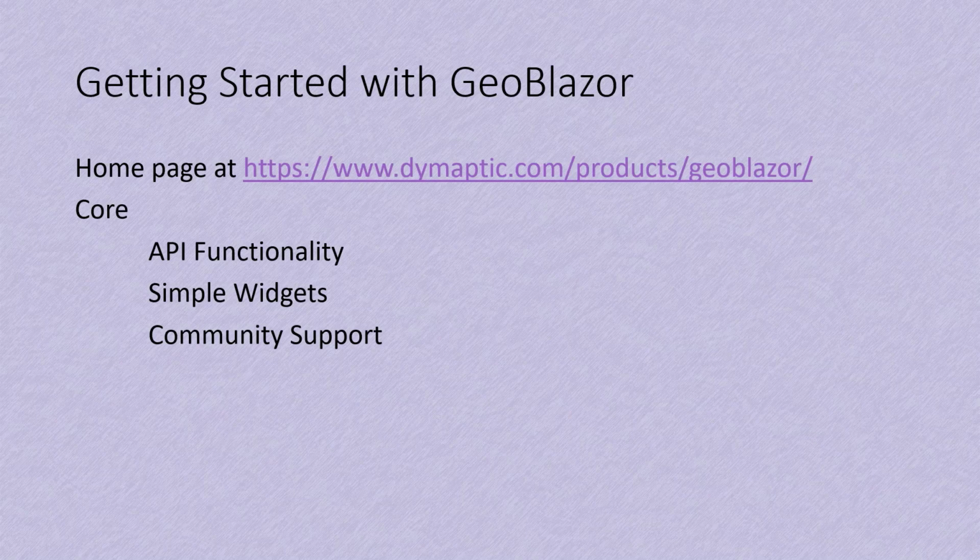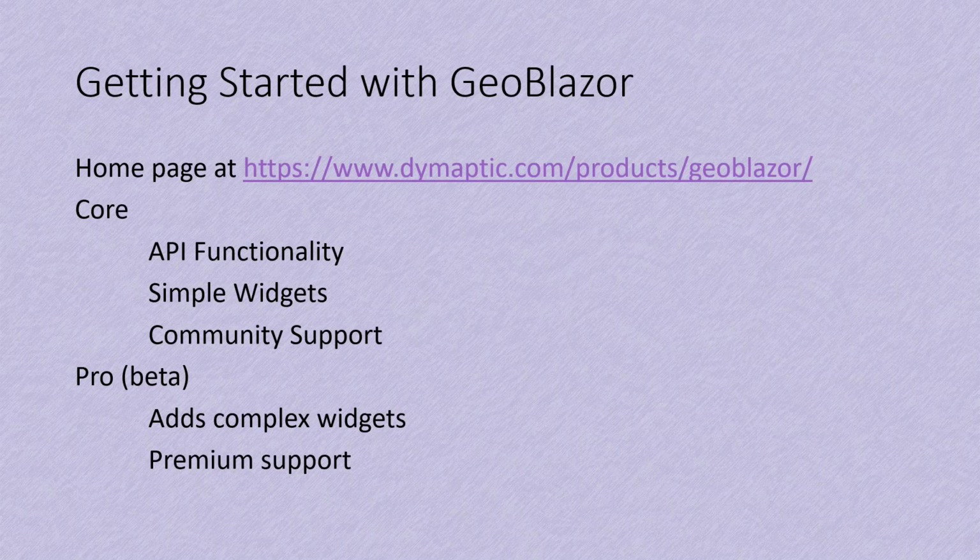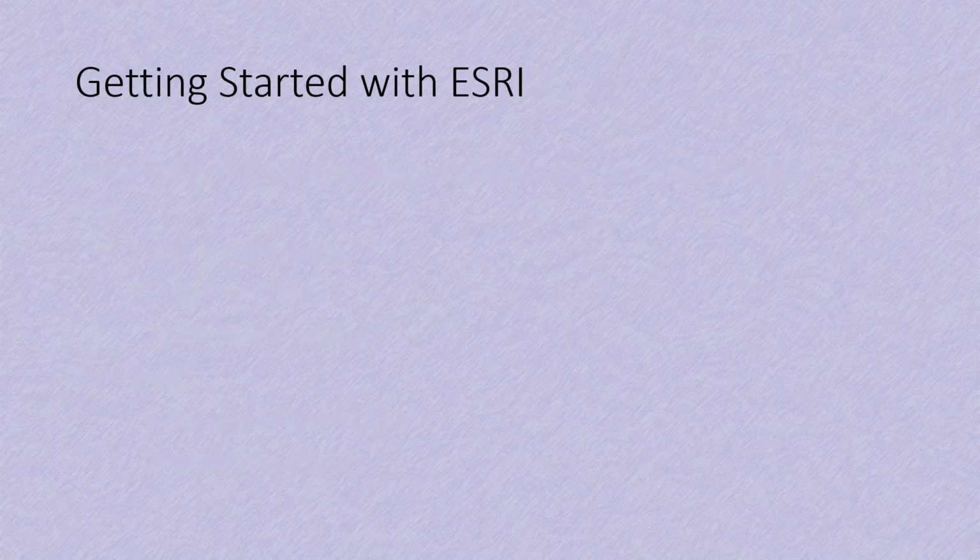You get the community support, which is really good. With Pro, which is kind of in beta, you get complex widgets. So you could build something really complex to display on the map. Premium support, which I guess means that if you have an issue, they're going to address it quicker. Even with the open source one, I found them to be very responsive.